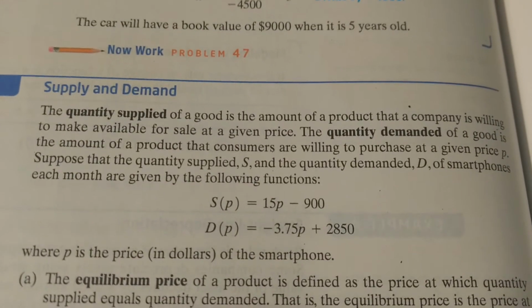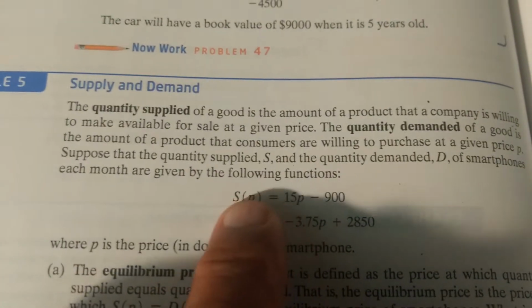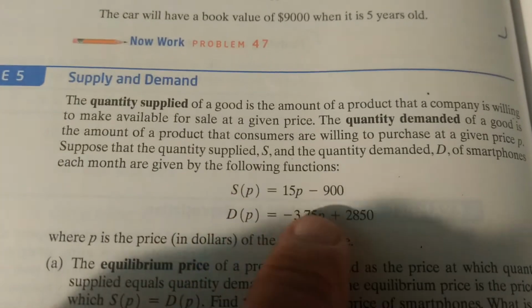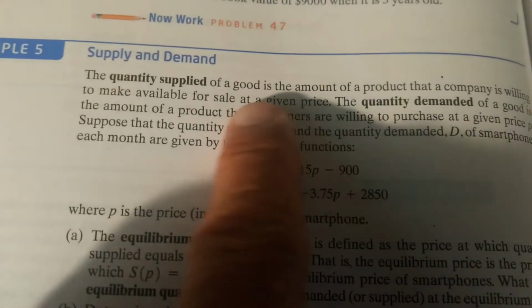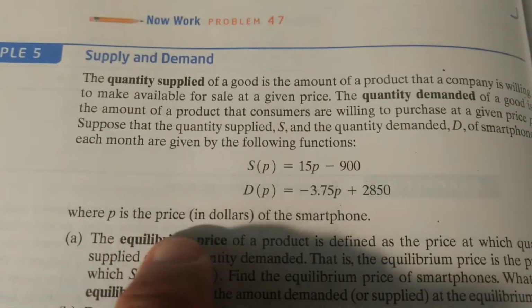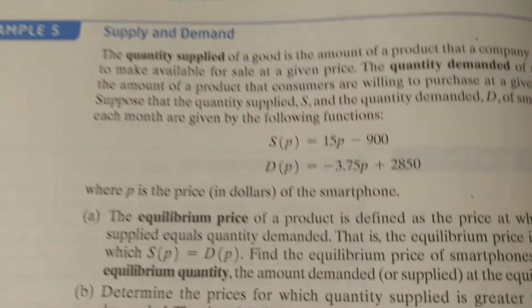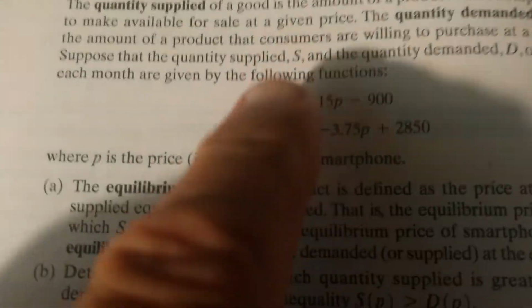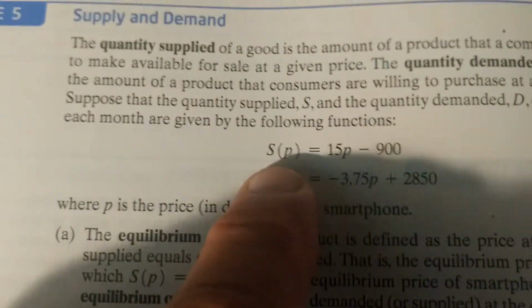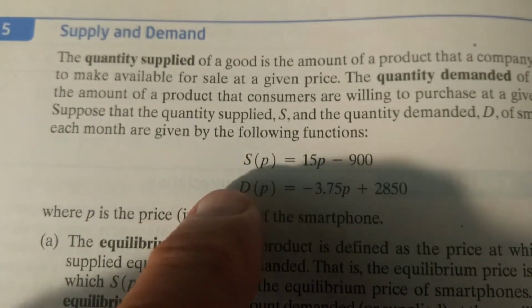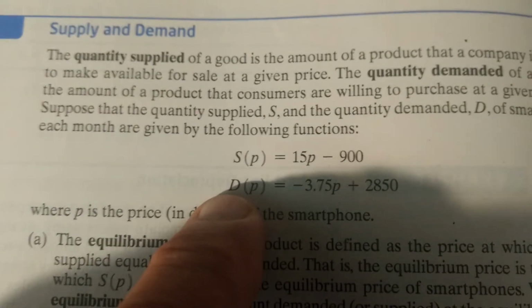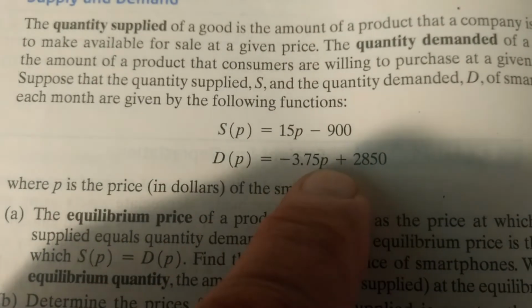So suppose the quantity supplied, which is S, and the quantity demanded, which is D, are given by these two functions, where P is the price in dollars of a smartphone. So this is the equation for the supply that will be produced based on a certain price. This is the equation for the demand based on a certain price.